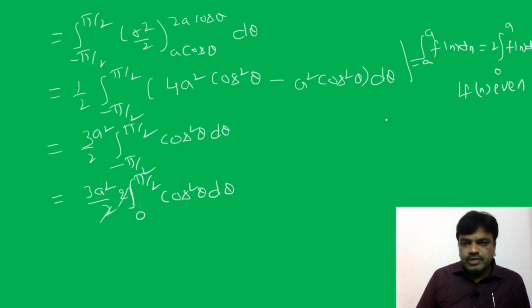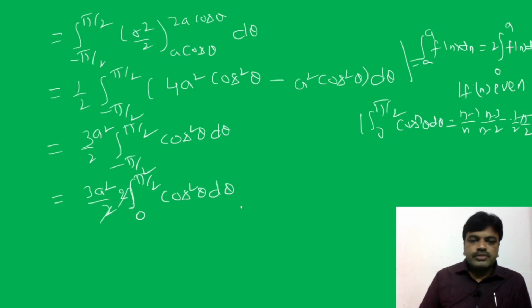Again we have a formula. What is the formula? Integral from 0 to pi by 2 of cos power n theta d theta. When n is even, the formula is (n minus 1) by n, into (n minus 3) by (n minus 2), and so on, into 1 by 2 into pi by 2. This is the formula.